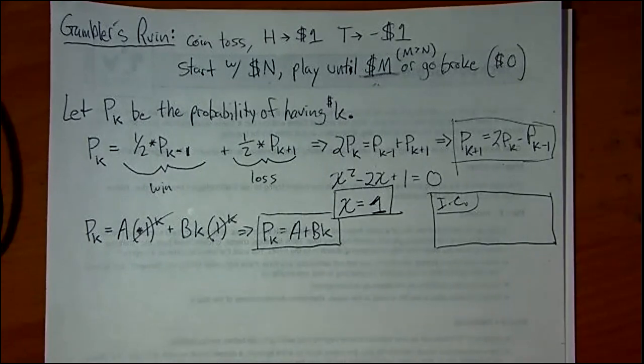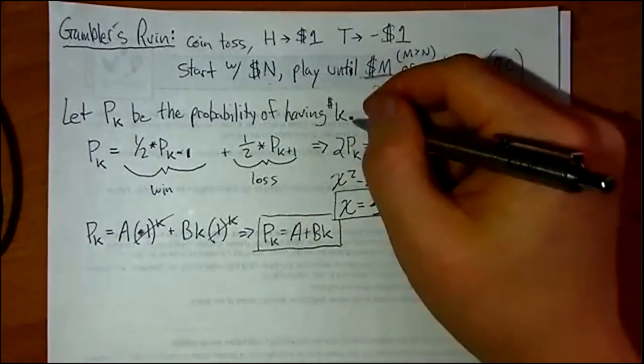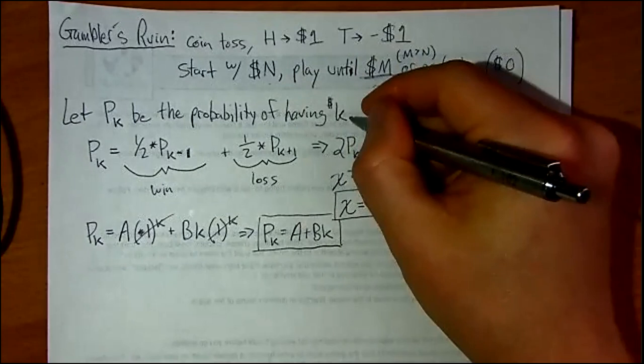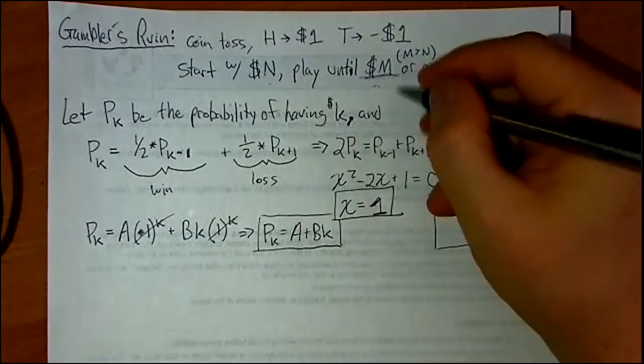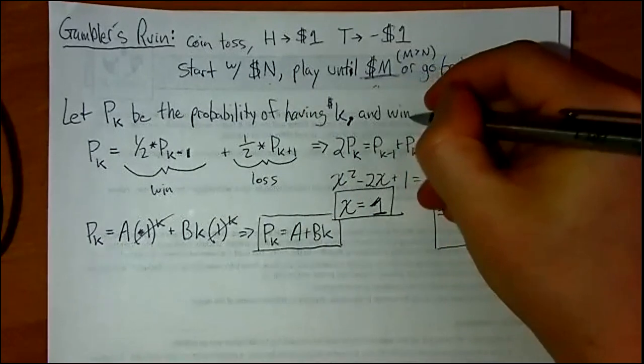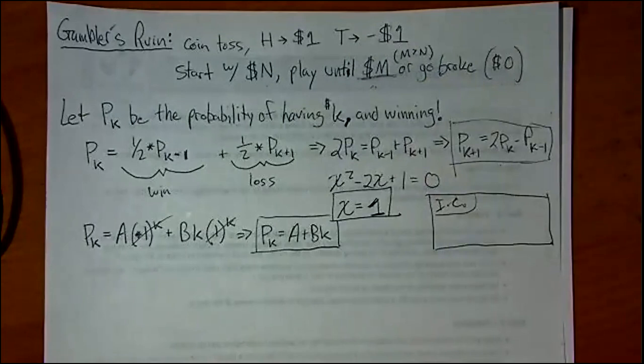I didn't say this quite right. Probability of having K dollars and winning. Sorry, I forgot a little thought there. It's important to have the right thoughts or else it doesn't work.